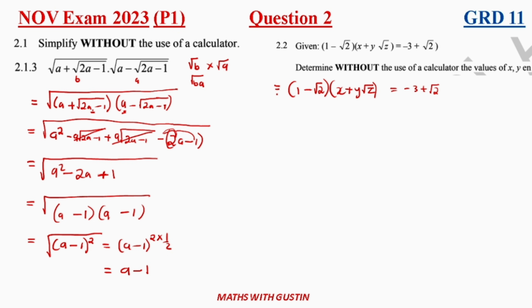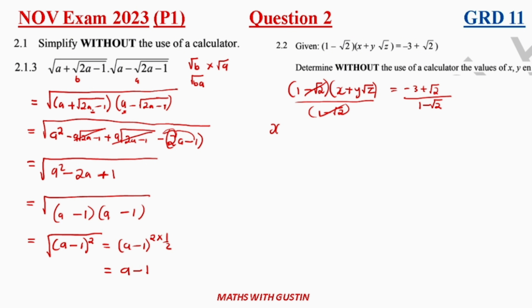So with that, we can divide both sides by 1 minus square root of 2, so that on this side the square roots can cancel out. Excuse me guys, I put a double equal sign there. What we're trying to do is make x, y and z the subject of the formula. Hence, that's why I am dividing by 1 minus square root of 2.